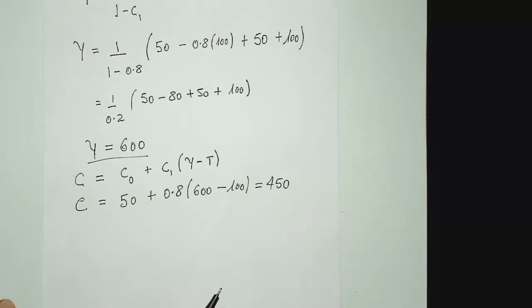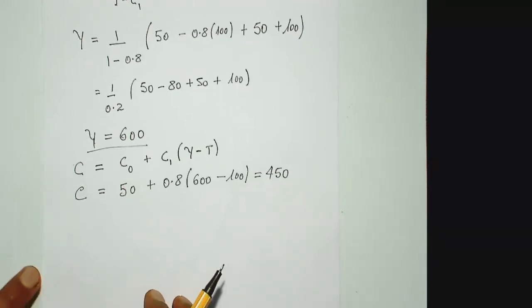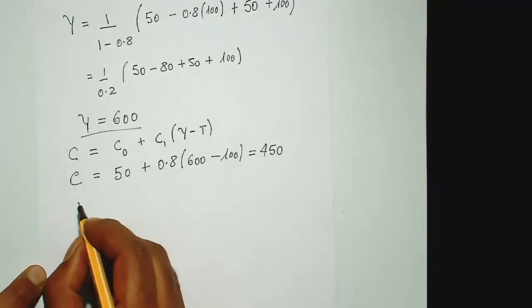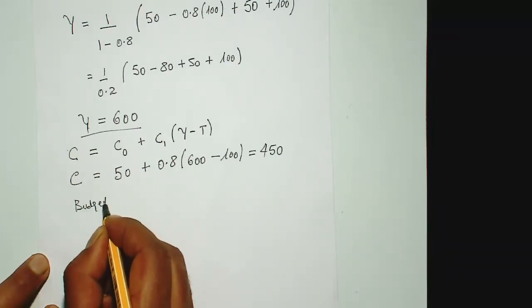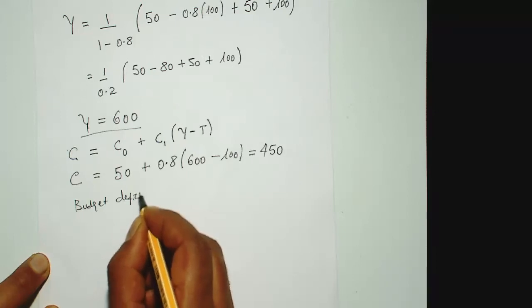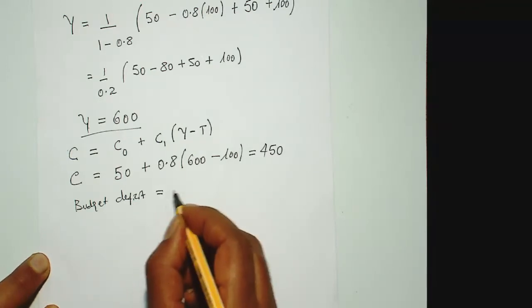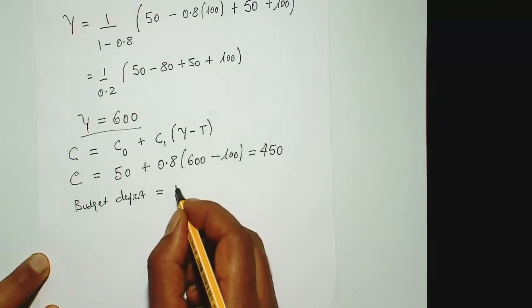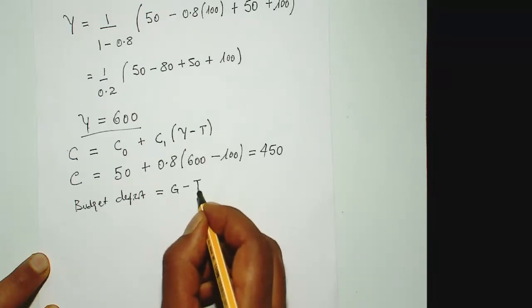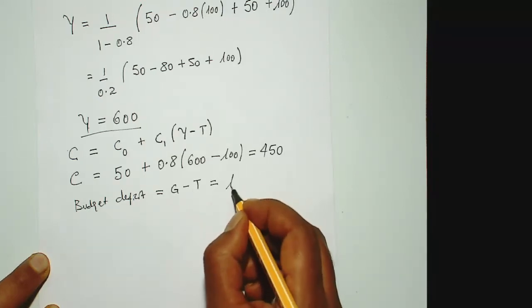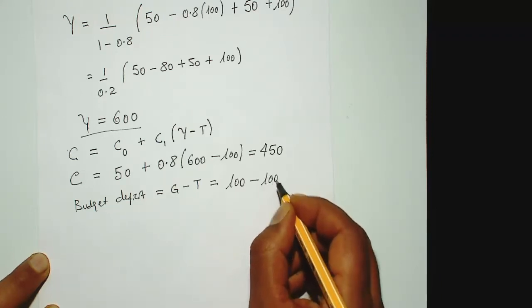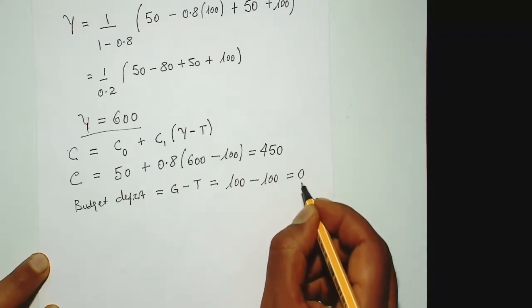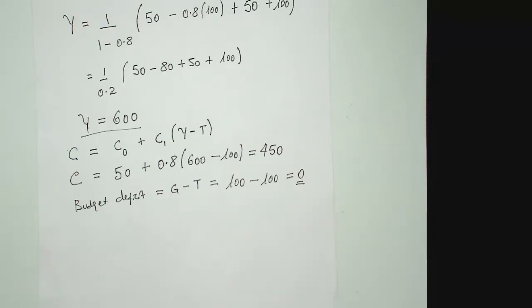And what is the level of government budget deficit? The budget deficit, as we have defined it, is the difference between government expenditure and tax. In this case, we had a government expenditure of 100 minus taxes of 100, which would be an amount of 0.